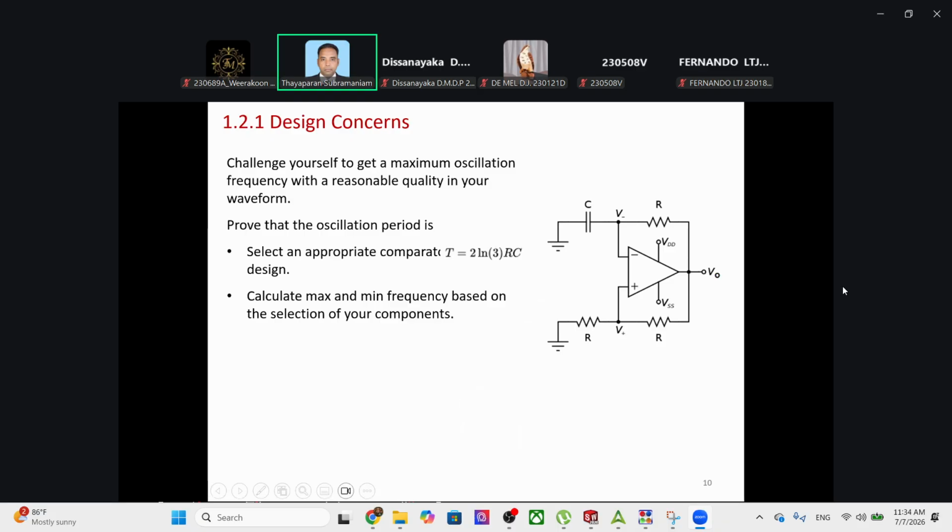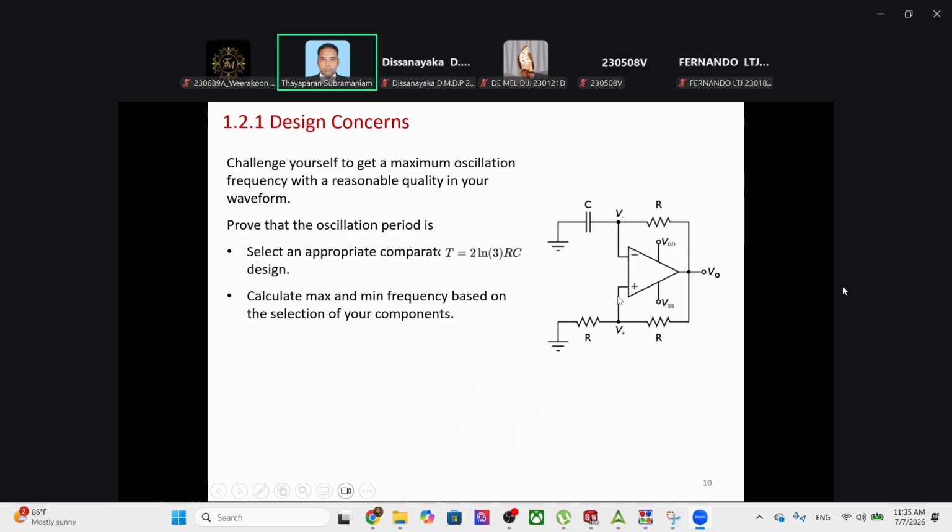Try to challenge yourself to debug. The debugging skills need to be improved, and in order to improve those debugging skills, you have to analyze block by block. Block by block and the integration part. For example, how do you integrate this potential divider and op-amp?